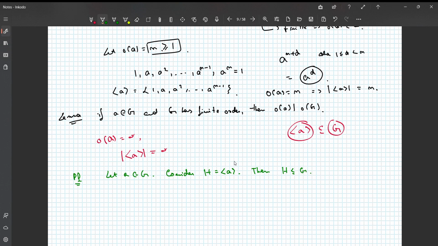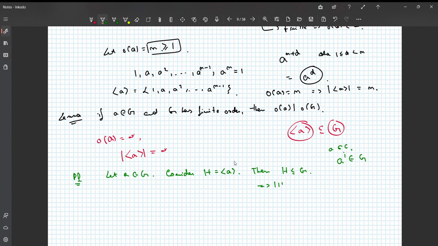By the closure properties of G. Since A is in G, A to the power i is always in G for any integral exponent i, that is, any number of times A is composed with itself. So obviously this cyclic group is inside G, and it's a group under the same operation, right? So it's a subgroup of G.